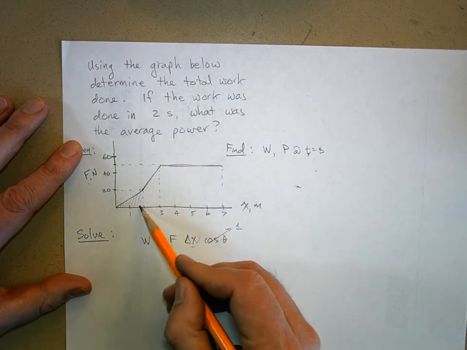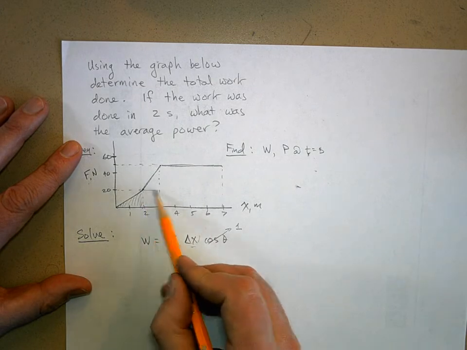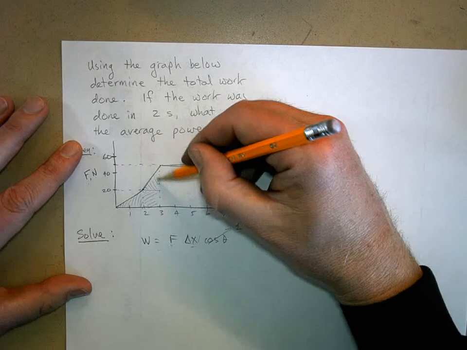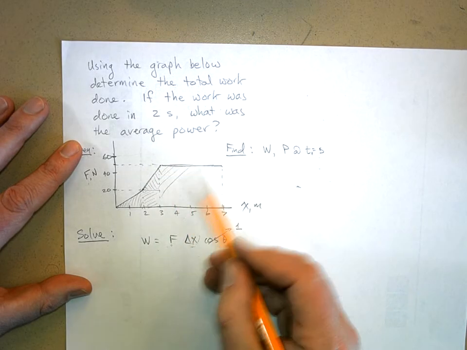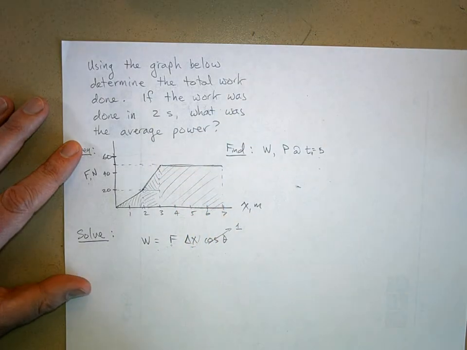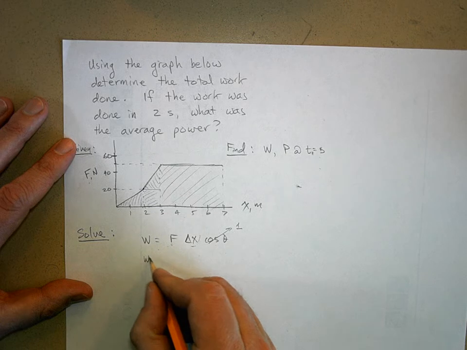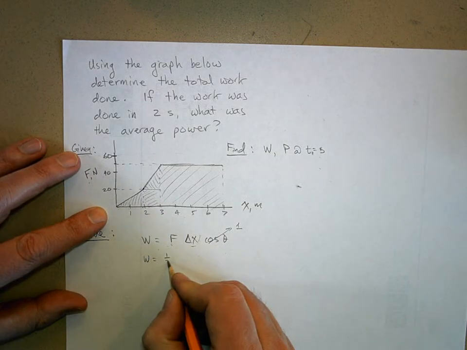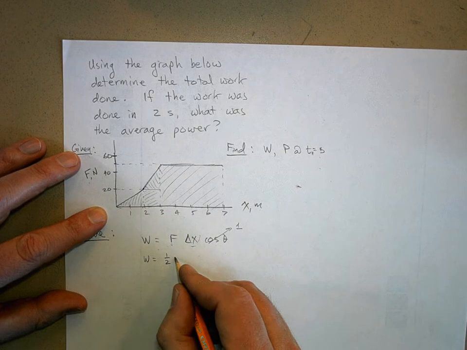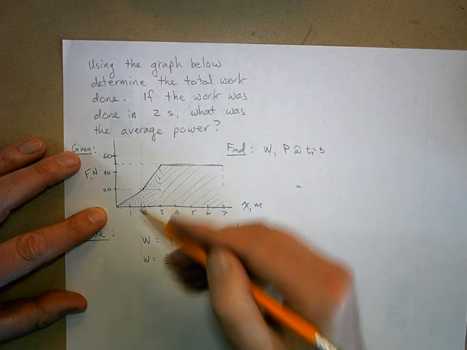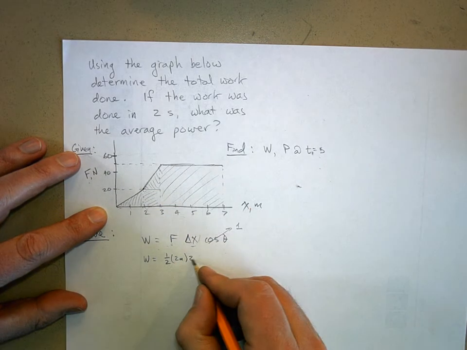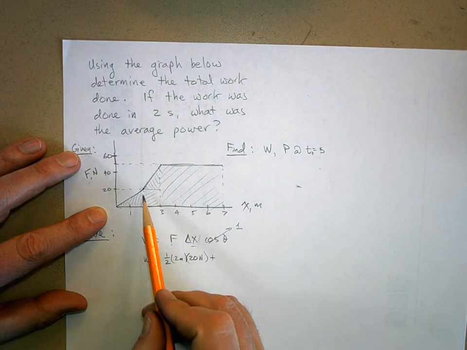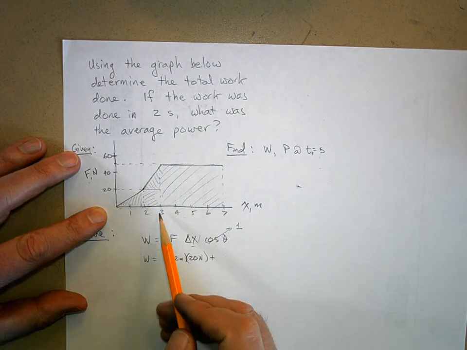So the integral is the area underneath there, the area there, the area there, and the area there. So the work done is just going to be equal to this triangle, which is 1/2 the base, which is 2 meters, times the height, which is 20 newtons, plus, well, we got this little rectangle here.